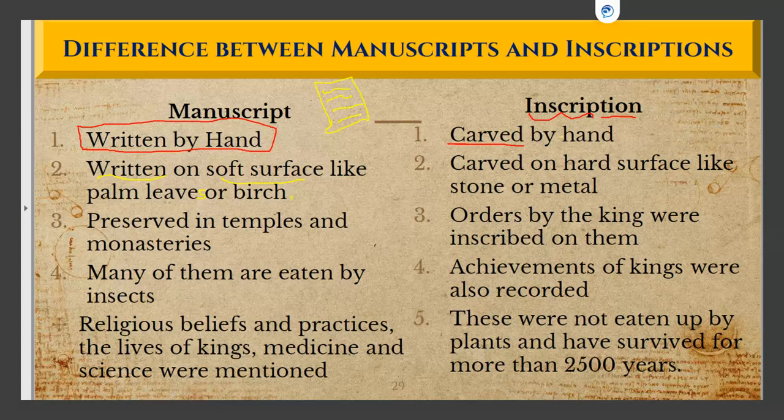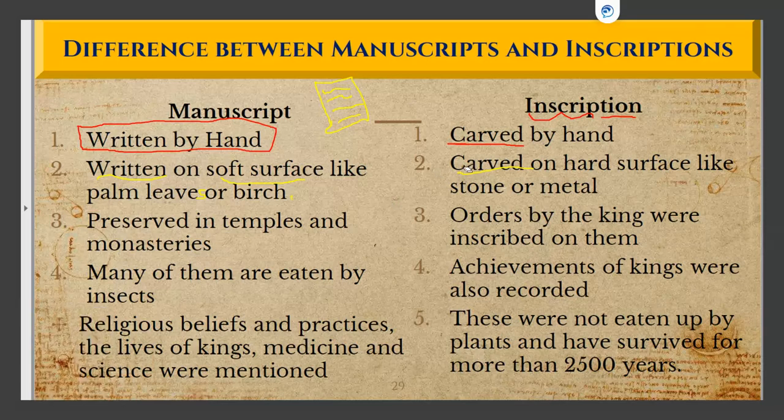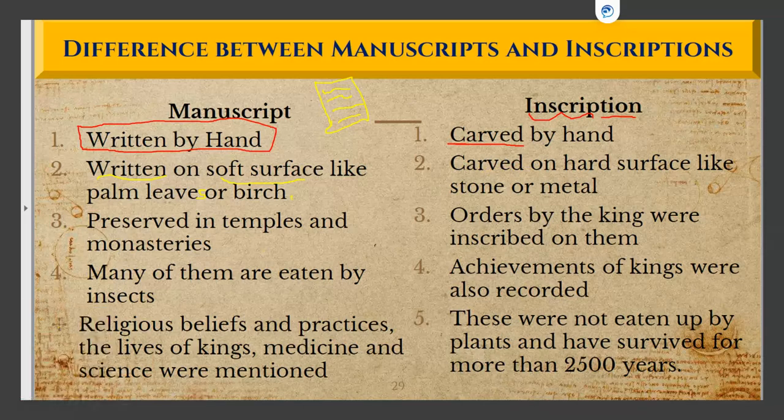But inscriptions are carved by hand on hard surfaces, like stone or metal. We can't simply write on them. Say, for example, this is a stone.